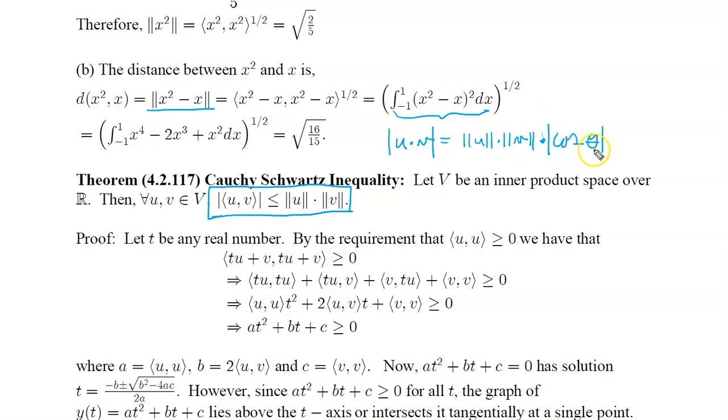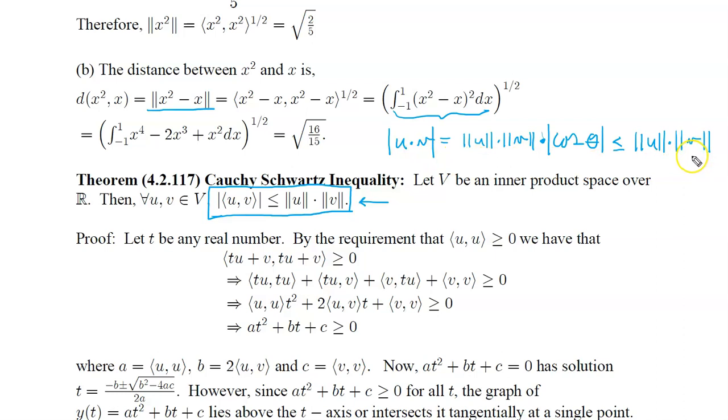Now the absolute value of the cosine of theta is always less than or equal to 1, right? So we have this result, which looks exactly like this, except we have the dot product. Well, the dot product is an inner product. And so we can see this result directly from that one.